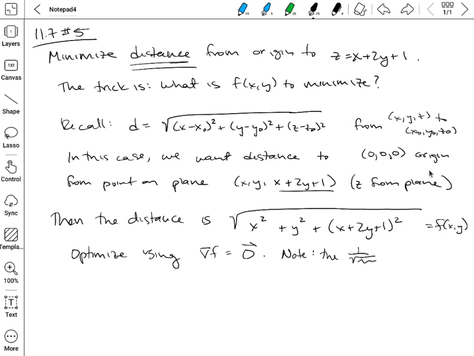And then the only tricky part is, remember that the 1 over square root of a bunch of stuff, or bunch of stuff raised to the minus 1/2 power that you get from taking the derivatives of this function, they're actually not going to affect your solution.